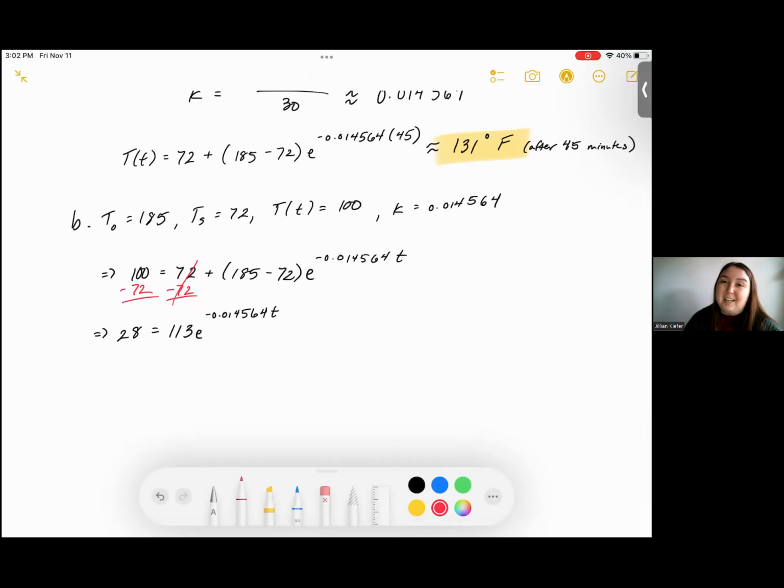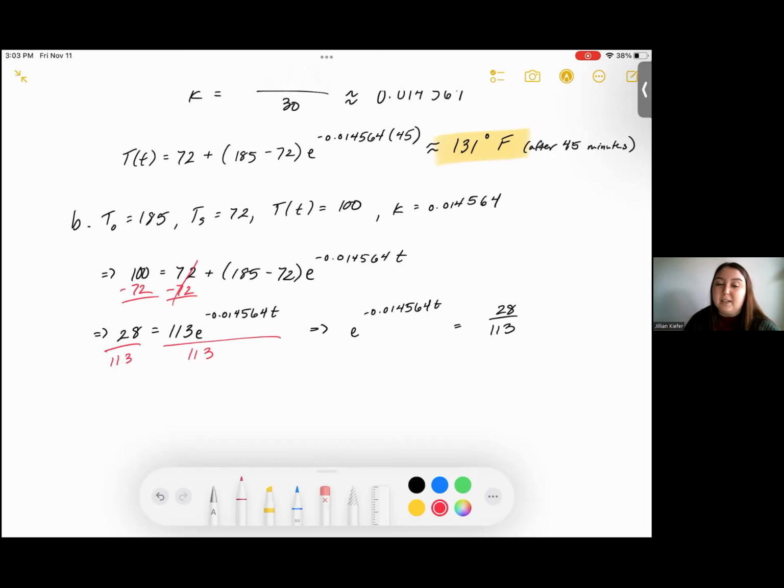We want e to the power of that exponent all by itself. So we want to get rid of the 113 in the front. We can divide each side by 113. This gives us, flipping the sides as well, e to the power of negative 0.014564 t is equal to 28 divided by 113.